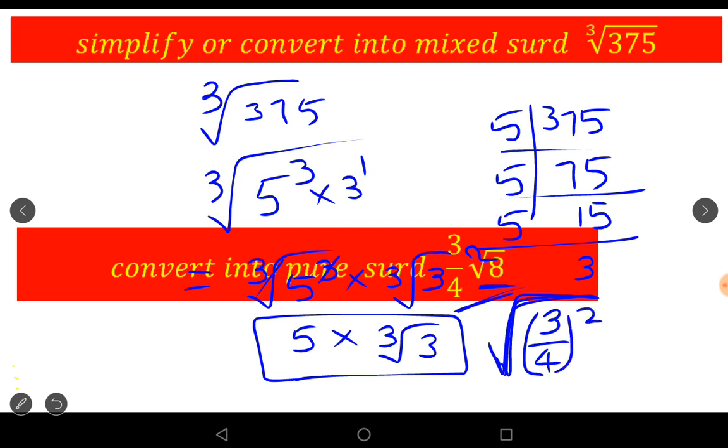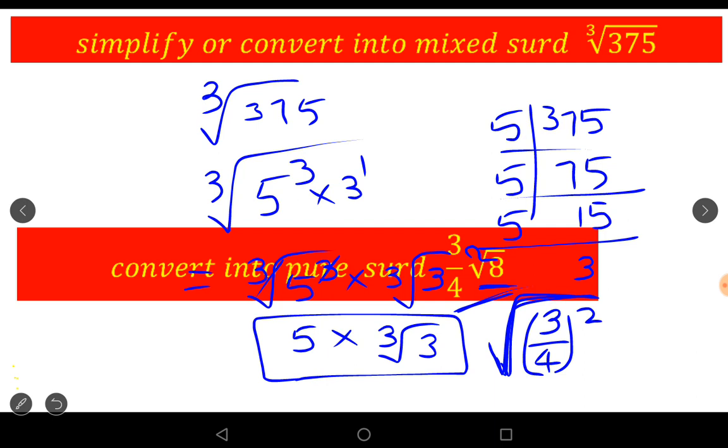Okay, we know that the numerator and denominator can be multiplied by the same number other than 0. Here, write the order of the surd and the power of the number both the same.